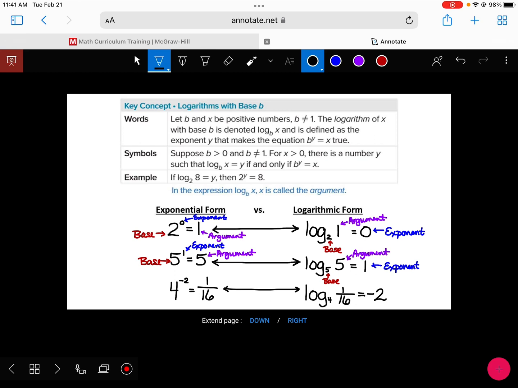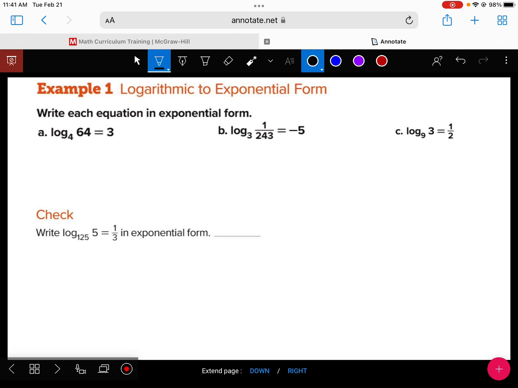All right, let's look down at the bottom of the page. There are 3 examples there labeled A, B, and C. What form are all of them in? Logarithmic.